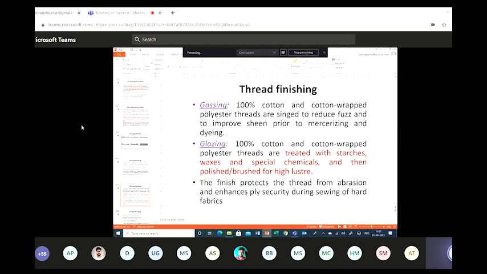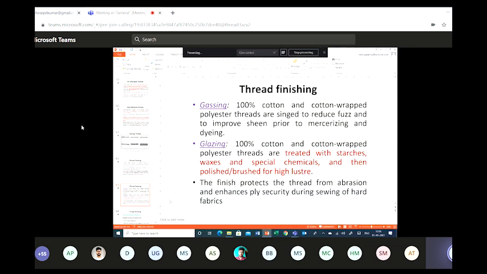Other materials they can add are abrading particles. The finish may protect the thread from abrasion and enhance the sewability during sewing of hard fabrics. When you try to sew hard fabrics like tarpaulin, in those days all the threads were made from cotton.